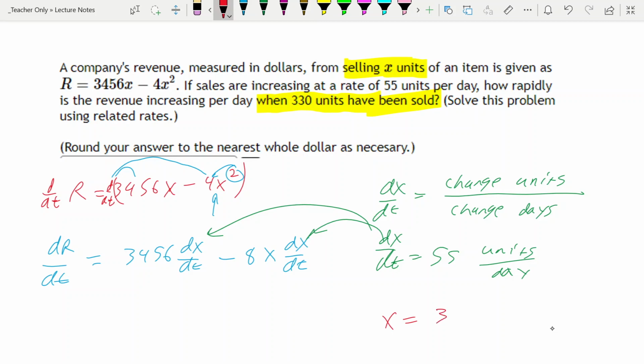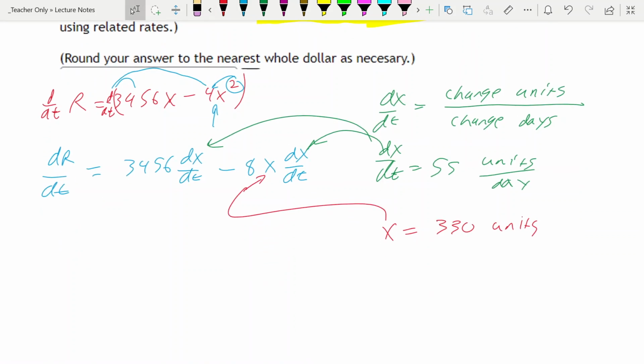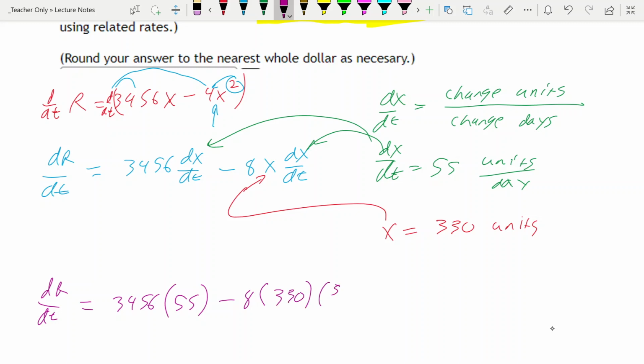So therefore x equals 330 units. Everywhere I have an x, I'm going to replace that with 330. And so here we go. dr/dt, the change in revenue per day, is equal to 3,456 times 55 minus 8 times 330 times 55.